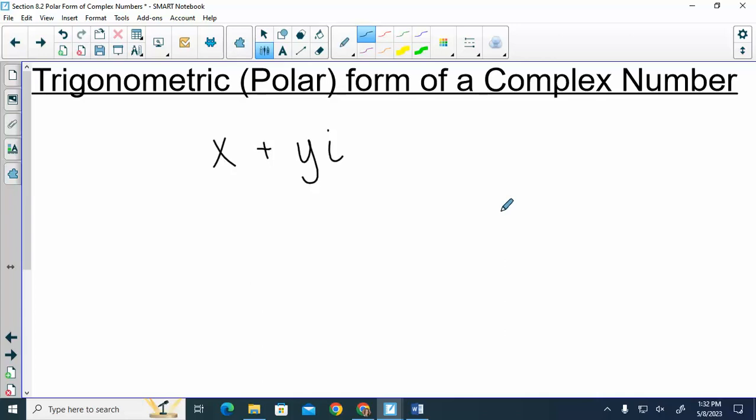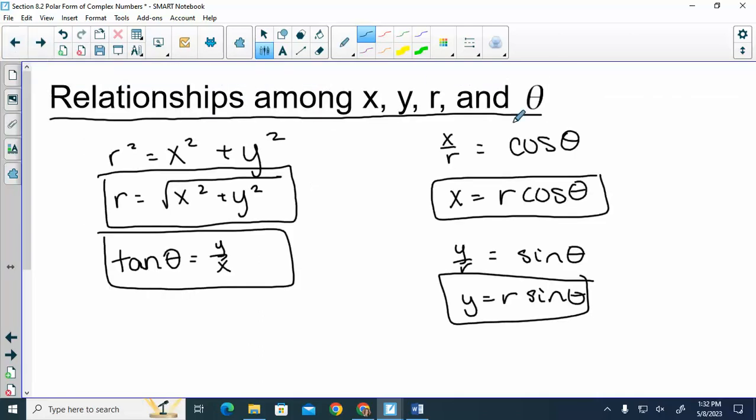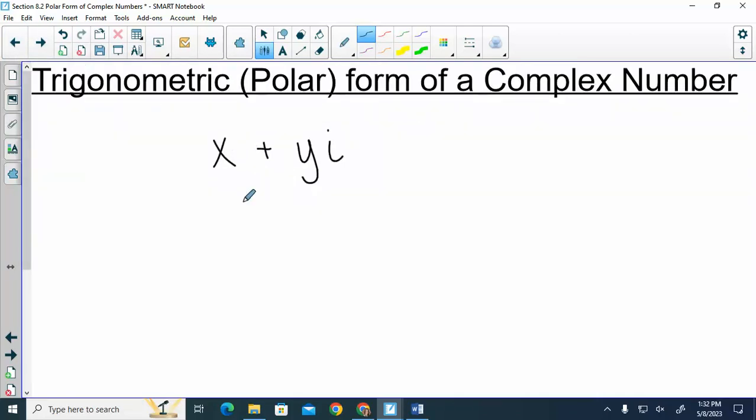So think about what we just wrote down. On the previous slide, what did we say x was equal to? X is r cosine of theta. What is y? And that one had an i with it.